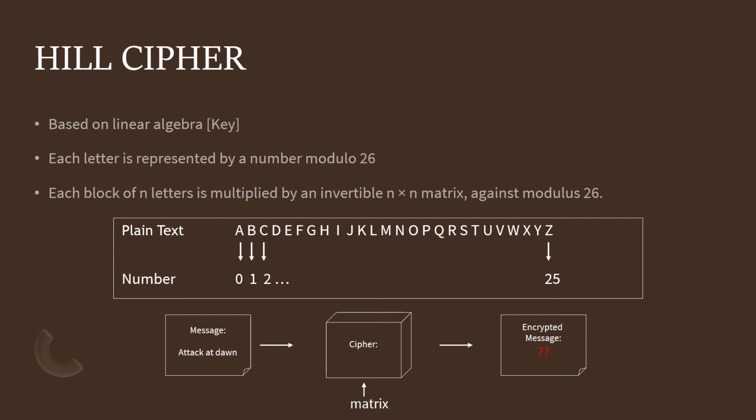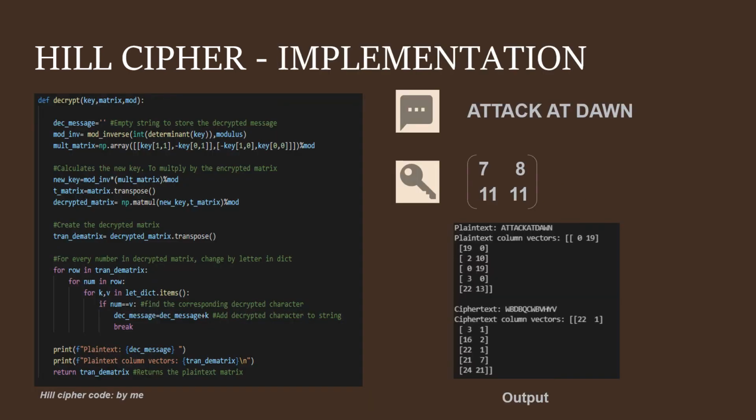To decrypt the message, each block is multiplied by the inverse of the matrix used for the encryption. The matrix used for the encryption is the cipher key, to be chosen randomly from the set of invertible matrices modulo 26. So this is a very important part to apply this type of cipher.